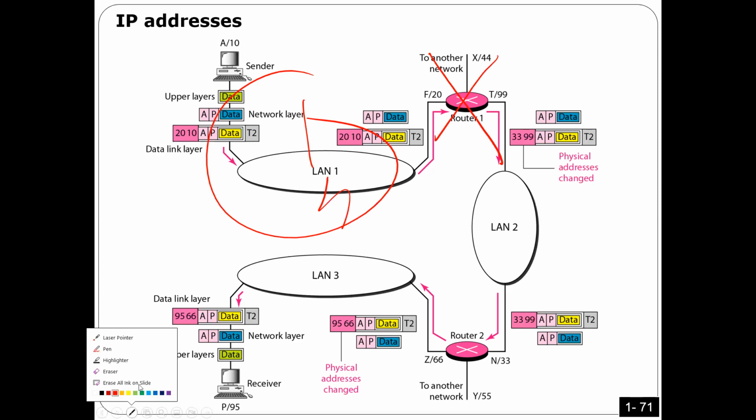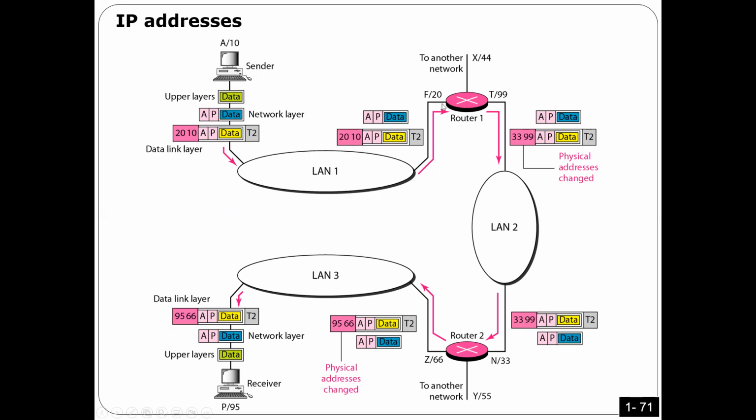That's why you see here, for example, a router. This router has a connection to this LAN, and a connection to this LAN, and maybe a connection to another LAN here. And for every connection, it has an IP and a MAC. So this one acts like 3 computers, for example.